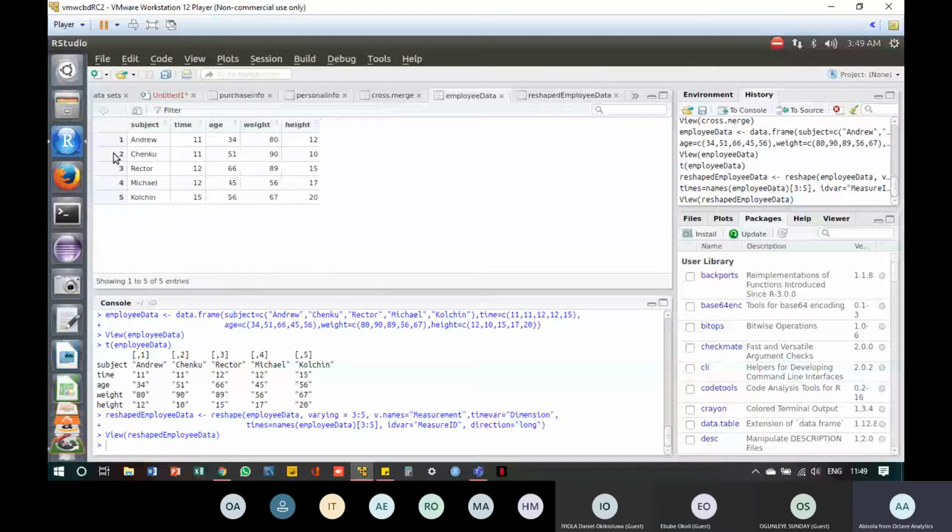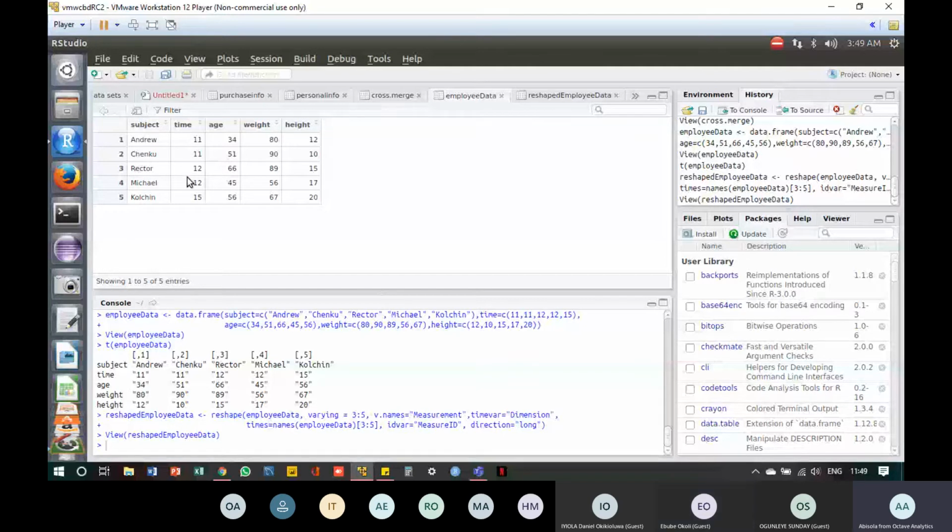So 2 to weight. You look at your x and your y, but then we are considering what here? Time. So that's why it's picking 11. If you check 2 to height, you also have 11 because it's picking time. If you check 3 to age, you also have 12. Do you understand?